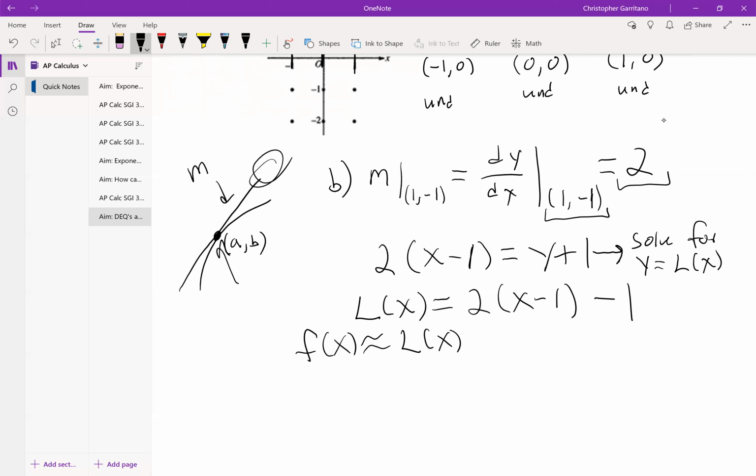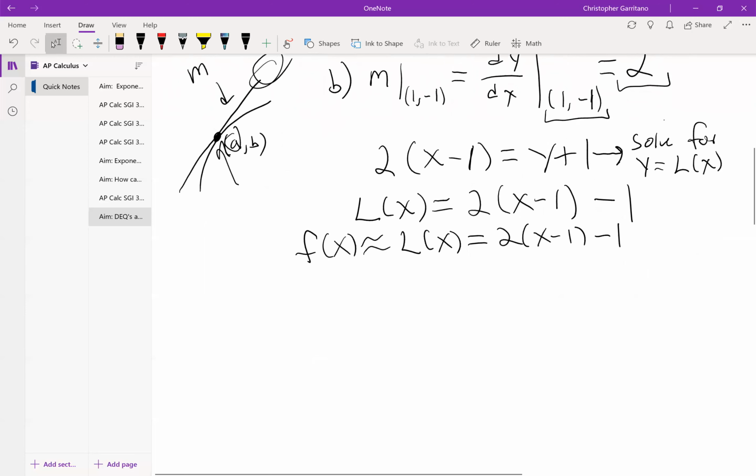But we can use it to approximate values of the function near x equals a. So I'll just rewrite the linear approximation: f of x is approximately equal to L of x for points near x equals 1.